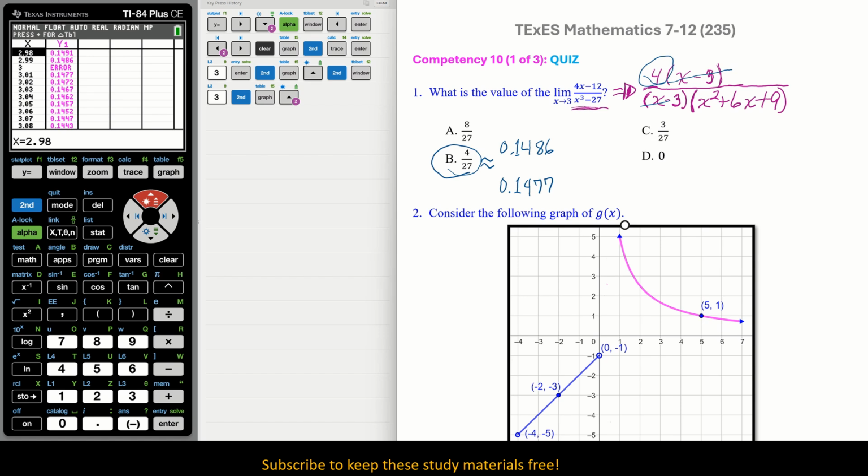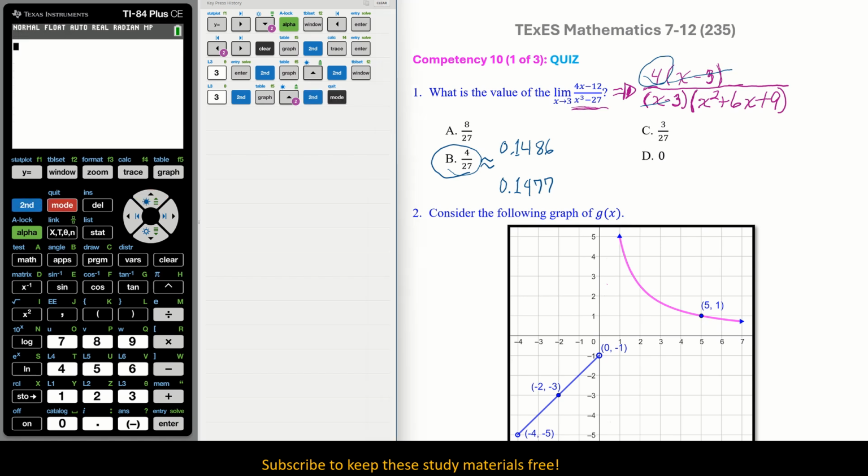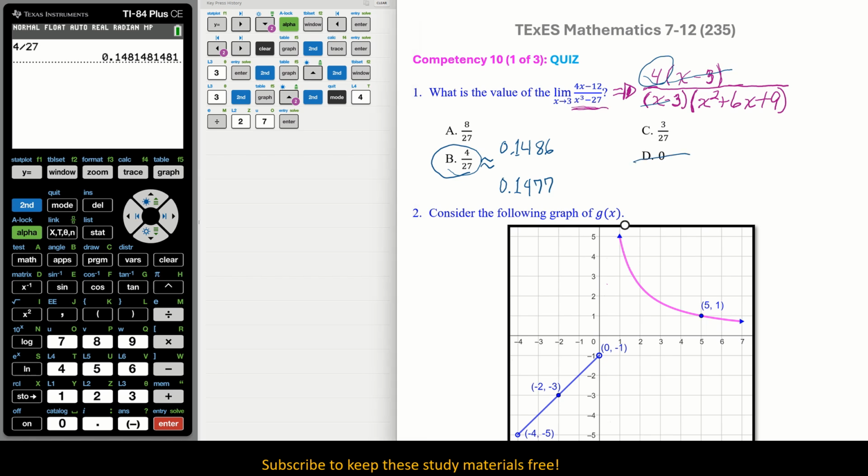Okay, well, let's just back out of the calculator and say 4 divided by 27. And there you go. It does. Okay. And then we know now 0 is not in between. So just put the others in the calculator to prove it to yourself. 8 divided by 27 is, well, that value is too large.